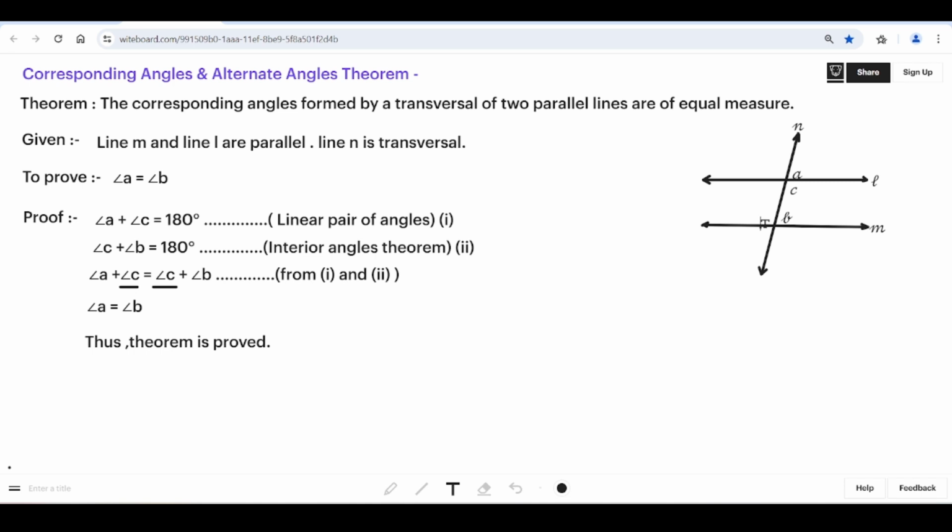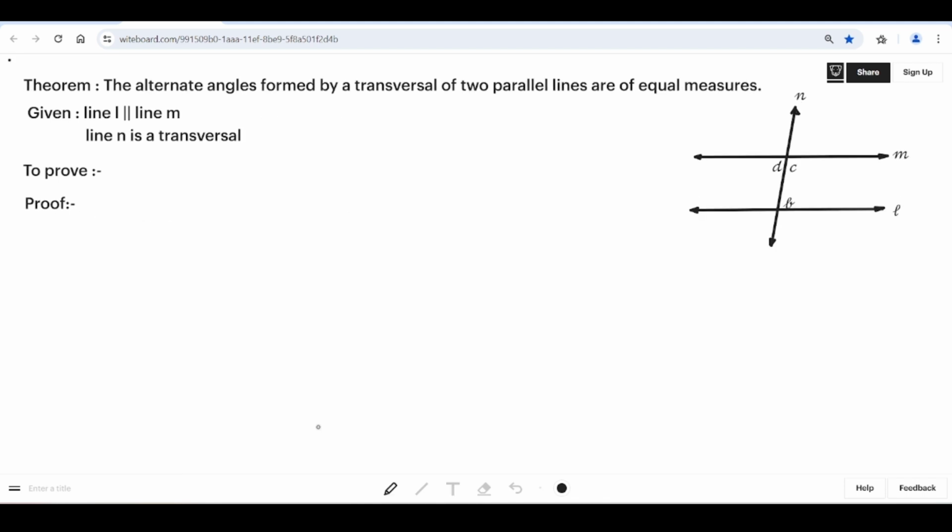Okay. We will see the next theorem of alternate angles. The alternate angles formed by a transversal of two parallel lines are of equal measure. First, we have proved corresponding angles are congruent. Now we have to prove that alternate angles are congruent. In this figure, we have seen that M and L are the parallel lines and N is their transversal.